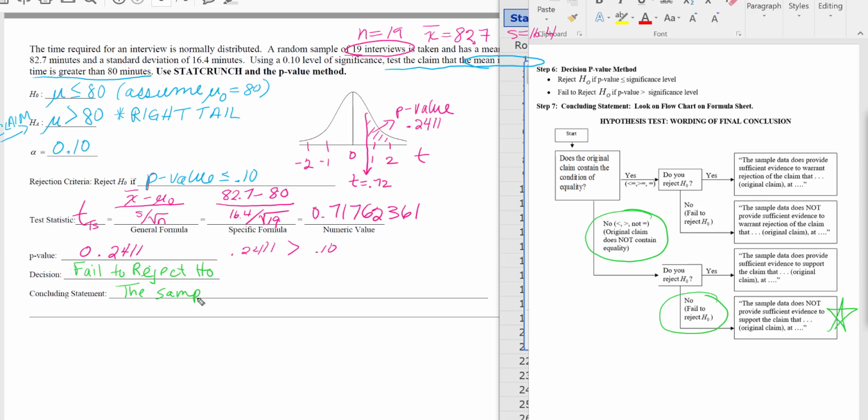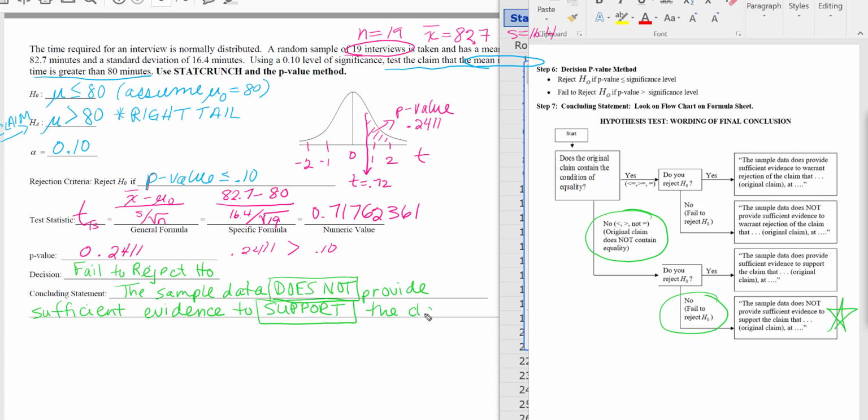Sample data does not provide sufficient evidence to support the claim. So remember, those are the two most important words. Basically, it does not support the claim.